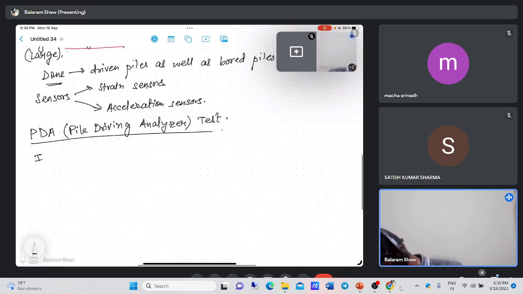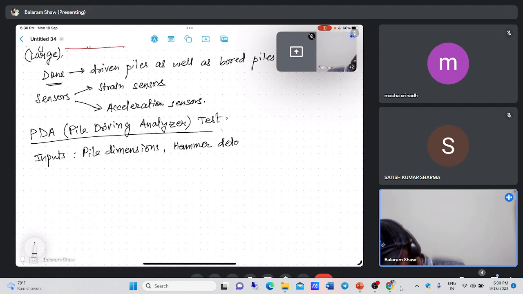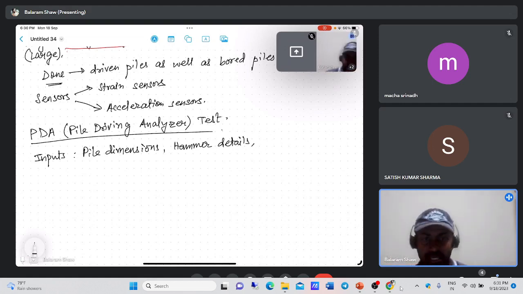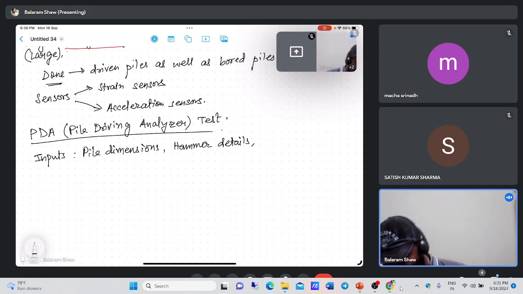The inputs that we require for this test are, as I said, the pile dimensions, then the hammer details, in the sense the weight of the hammer, the type of the hammer, the hammer efficiency, and the drop height of the hammer. Then we also need the subsoil information.